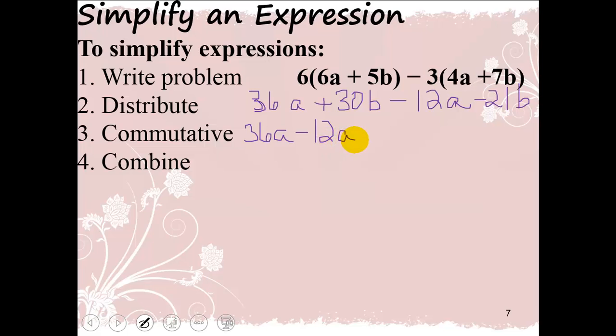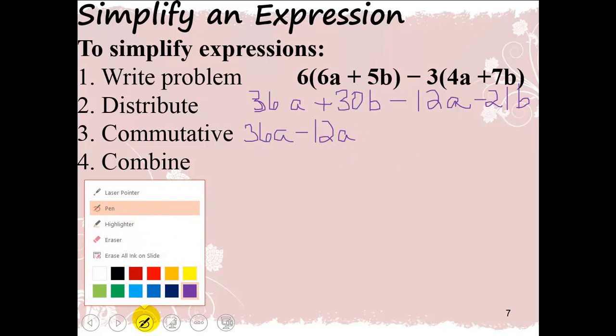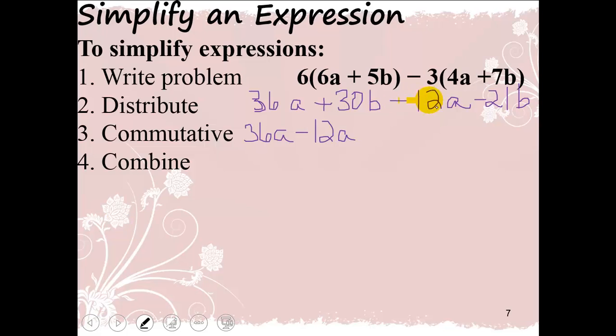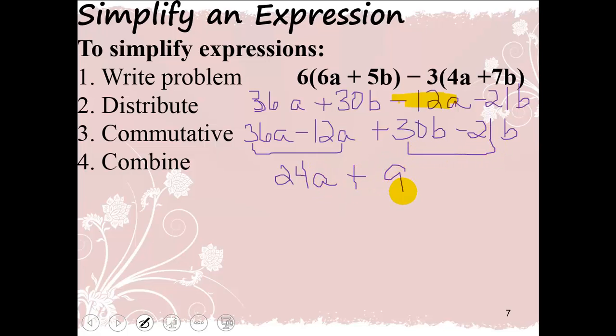Notice that I bring that sign, I'm going to highlight that sign that goes with the 12a right there, okay? And then I have plus 30b minus 21b. And now I can just combine like terms. So this becomes 24a, and this becomes 9b, and you're done.